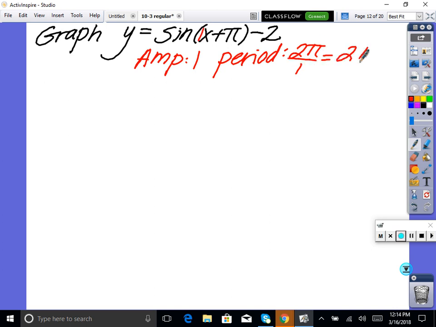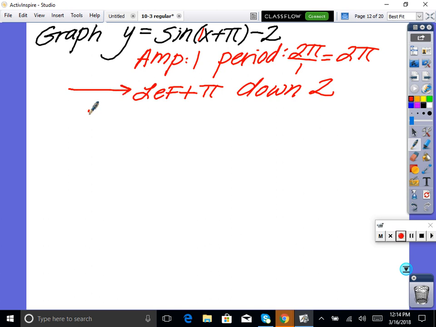So that's 2 pi. Then we're shifting, in words, left pi, down 2. True? Now we're going to pretend, once again, there are no shifts. This is so much easier. Do not pretend that those aren't there. So let's draw this out, up 1, -1, over 1, 2, 3, 4 is at 2 pi, and so on.